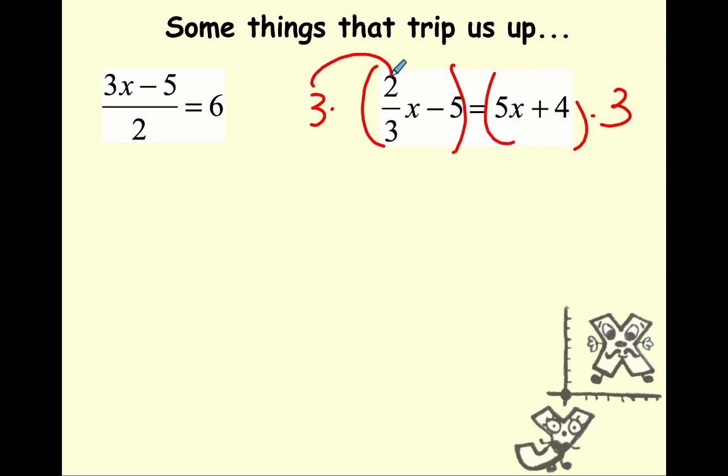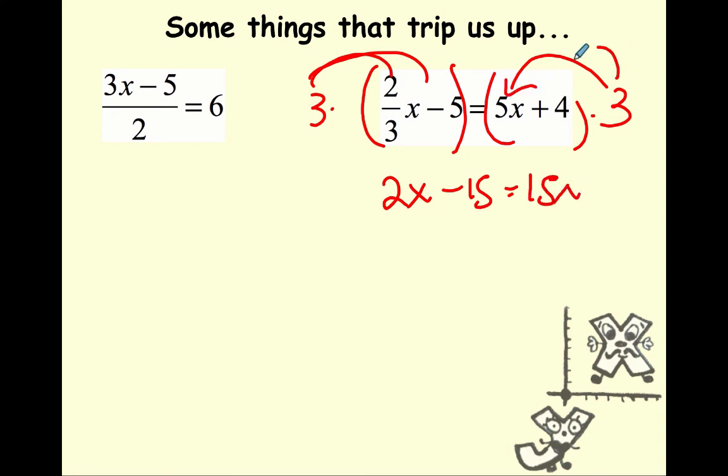So I'm going to distribute 2/3 times 3. Well, remember that gives you technically 3 times 2, which is 6, divided by 3, which is 2, or we can just say the denominators cancel. And then I got to do 3 times -5, 3 times 5x, 3 times 4. So I end up with this equation, which is a lot easier to solve.